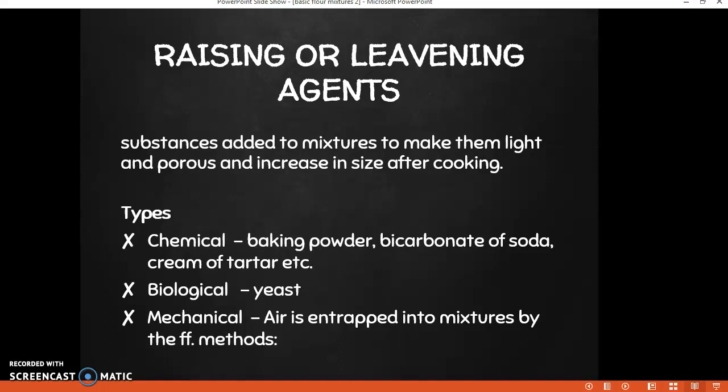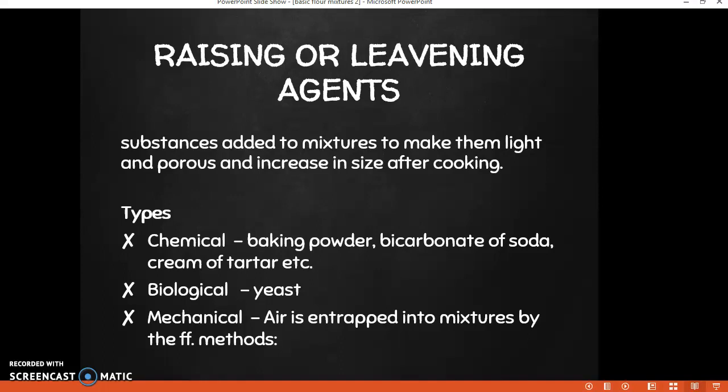Our next major ingredient is raising or leavening agents. What are raising agents? They are substances we add to our mixtures to make them light, increase in size, and also porous.